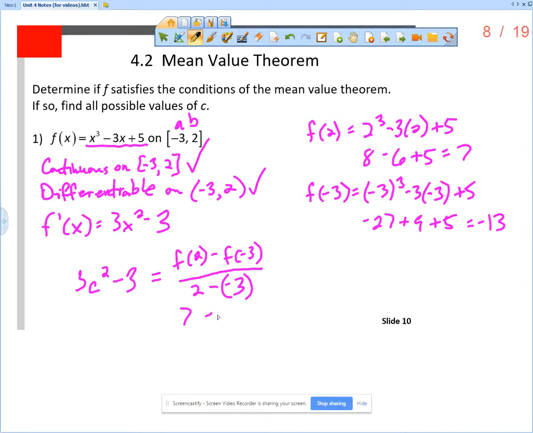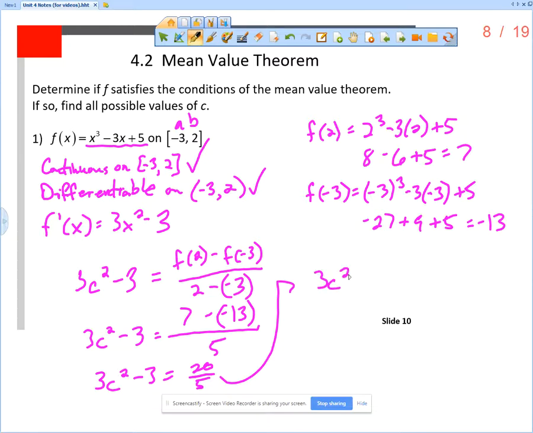So 7 minus negative 13 over 2 minus negative 3, and 2 plus 3 is 5. So 3c squared minus 3 equals 7 minus negative 13 over 5. So 3c squared minus 3 equals 7 plus 13, which is 20 over 5, which is 4.